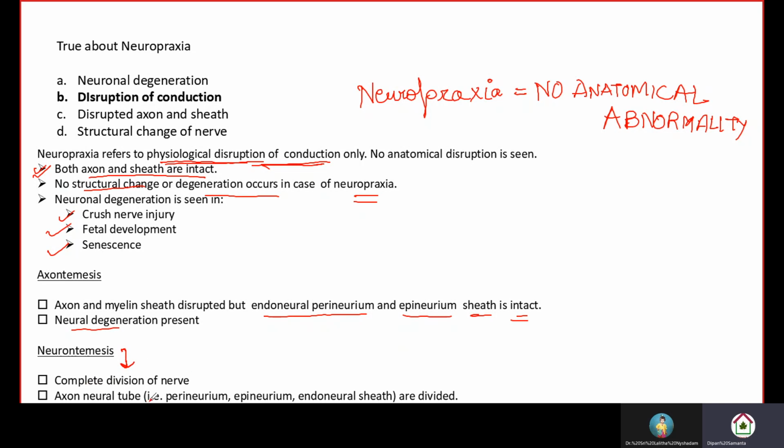Axon and neural tube are divided, like either perineurium, epineurium, endoneurial sheath are divided. Neural degeneration is present both in neurotmesis and axonotmesis.